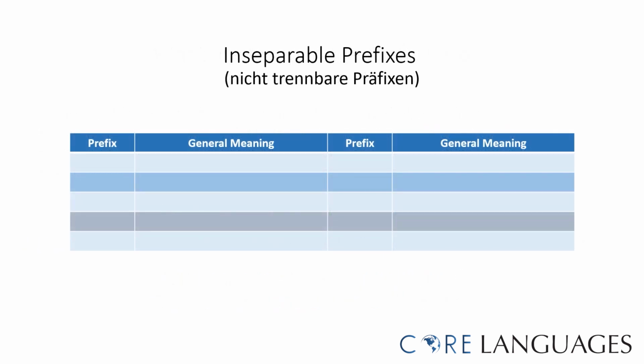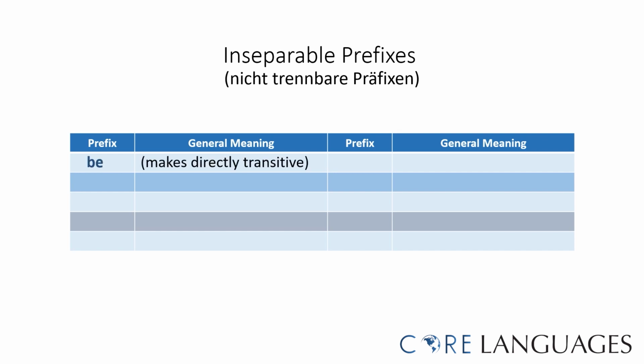Adding an inseparable prefix to a verb changes the meaning of the stem or the root verb slightly, but it isn't always possible to deduce the new meaning because some of these prefixes are impossible to translate by themselves. For example, the prefix be.